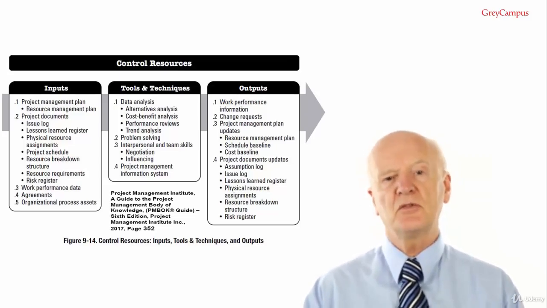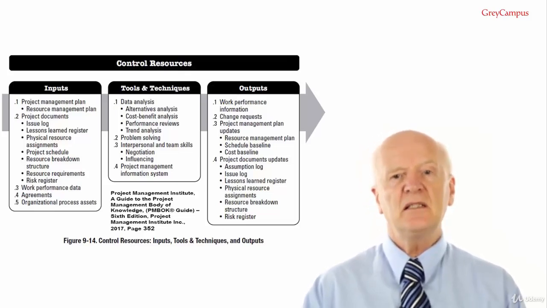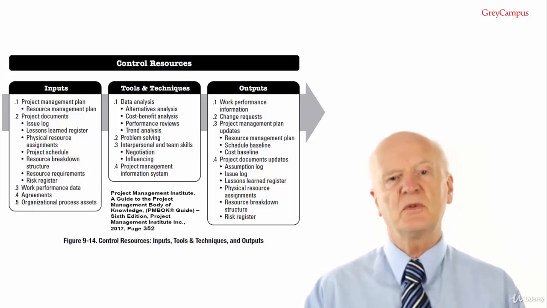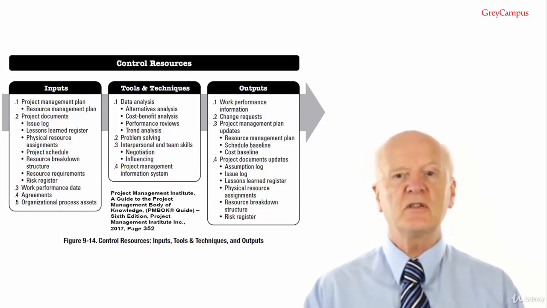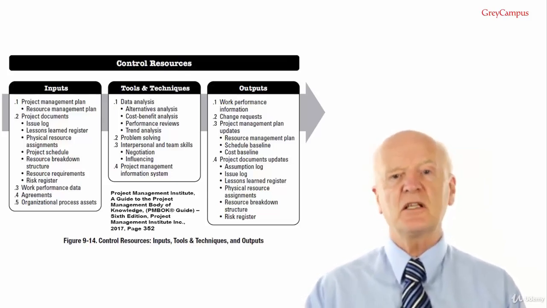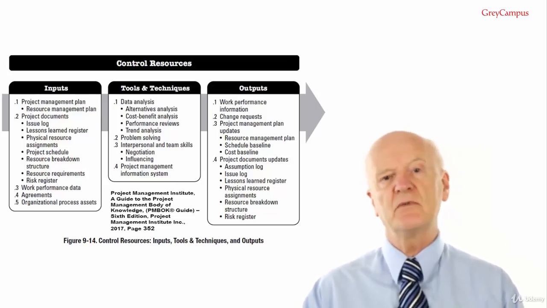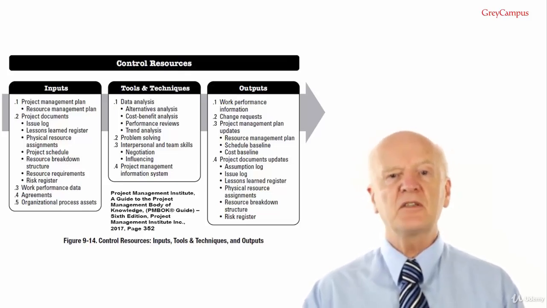Control resources, tools and techniques. Number 1, data analysis. The technique that could be used in this process would include alternatives analysis, which can be used to analyse and select the best solution for correcting variances in resource utilisation. Remember, we are in the control resources process, and so the alternatives are to do with utilising resources, meaning the rate of use against the plan, and taking action if the two are not in alignment.